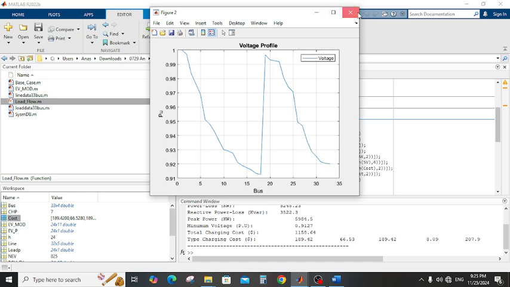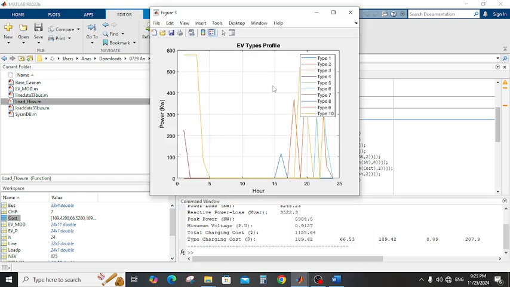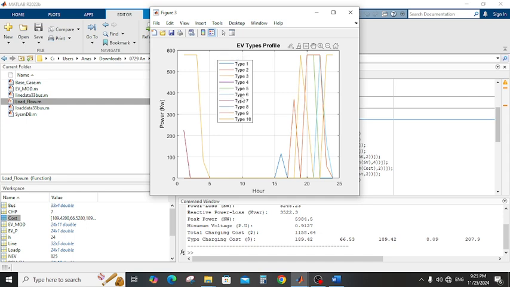And the last graph is about the power, the EV types of profile, how each type behaves during the 24 hours. As you see here, this is maybe type 3, how it behaves charging, and after that it finishes during the day, and after that we return back, as you see here.